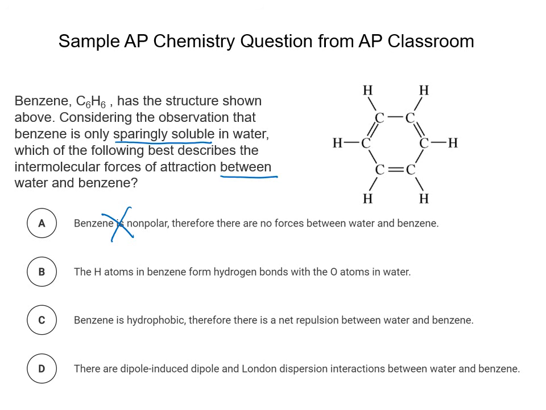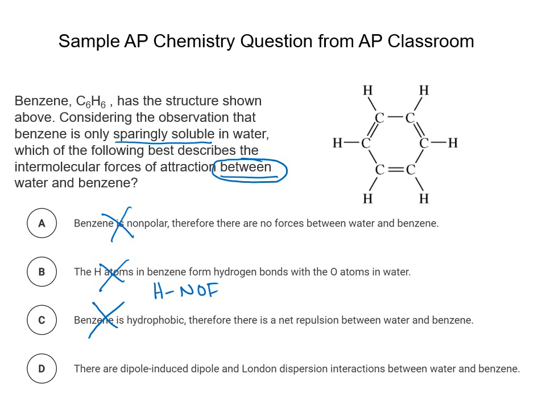The H atoms in benzene form hydrogen bonds with oxygen atoms in water. That doesn't work because we do not have any H bonded to N, O, or F. Okay, so we don't have any of those. That's not true. Benzene is hydrophobic, therefore there is a net repulsion between water and molecules. Well, they just told us to look for what's going on between them, and that is an attraction.